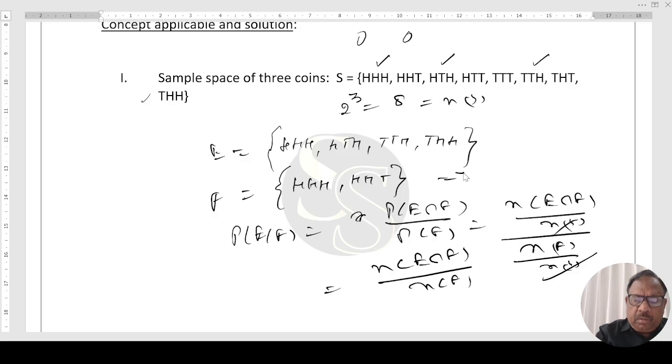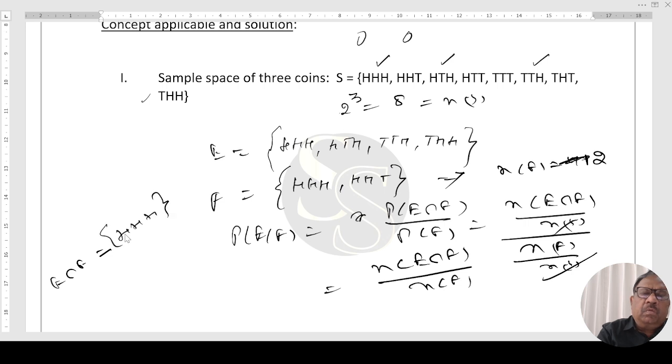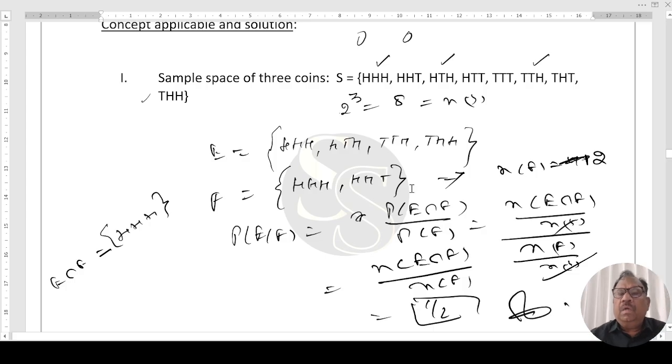N(F) is 1 by 2, 1 over 2, or E intersection F is HHH. So that comes out to 1 by 2 is the answer. Right?